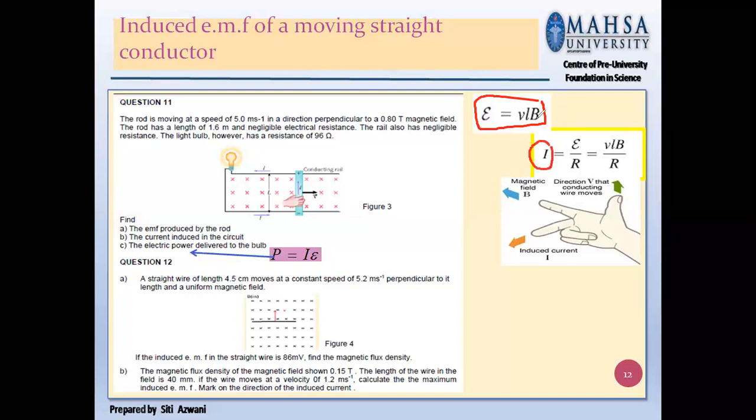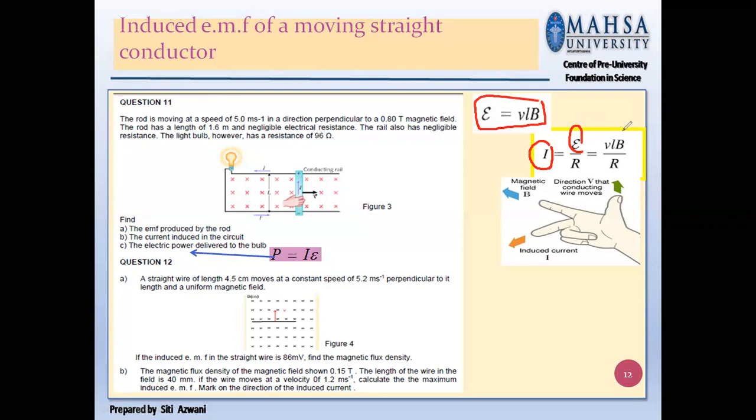When you have an induced EMF, you also have induced current. So how to calculate your induced current? E divided by R, where E is the induced EMF VLB, divided by the resistance of your conductor, and then you get the induced current.